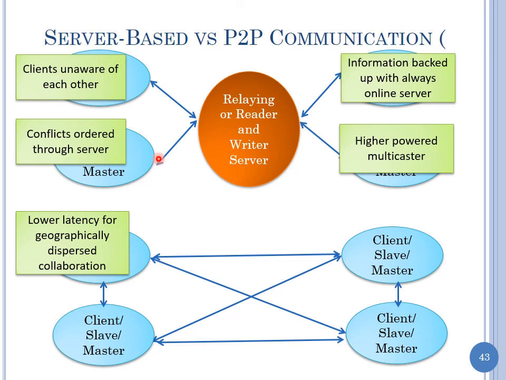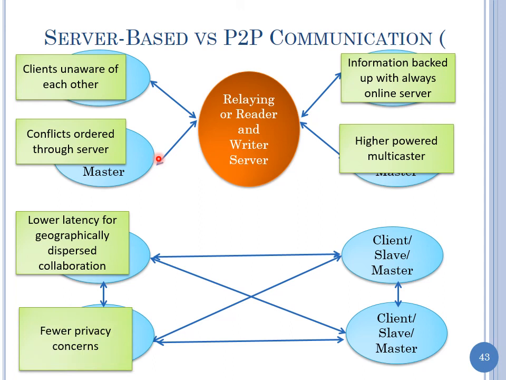I said that look, security might be better with the server-based architecture for the reasons Chris gave. But there's also reasons to believe that the P2P architecture would have fewer privacy concerns. So today, with the coronavirus problem, we do want contact tracking, but if that contact tracking information is kept in the server, then there is more chance that even if it's encrypted, things could go wrong, and your privacy could be given away.